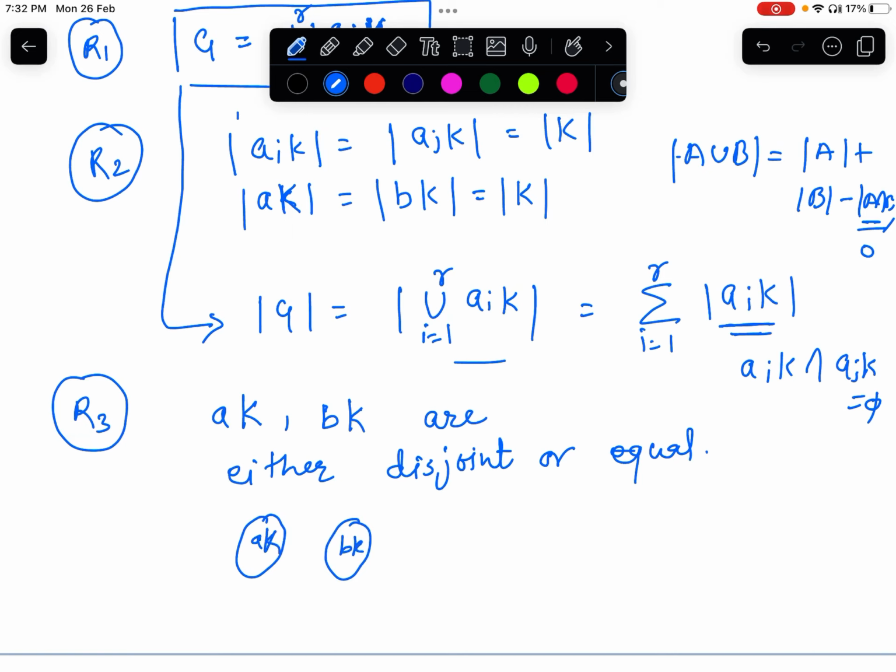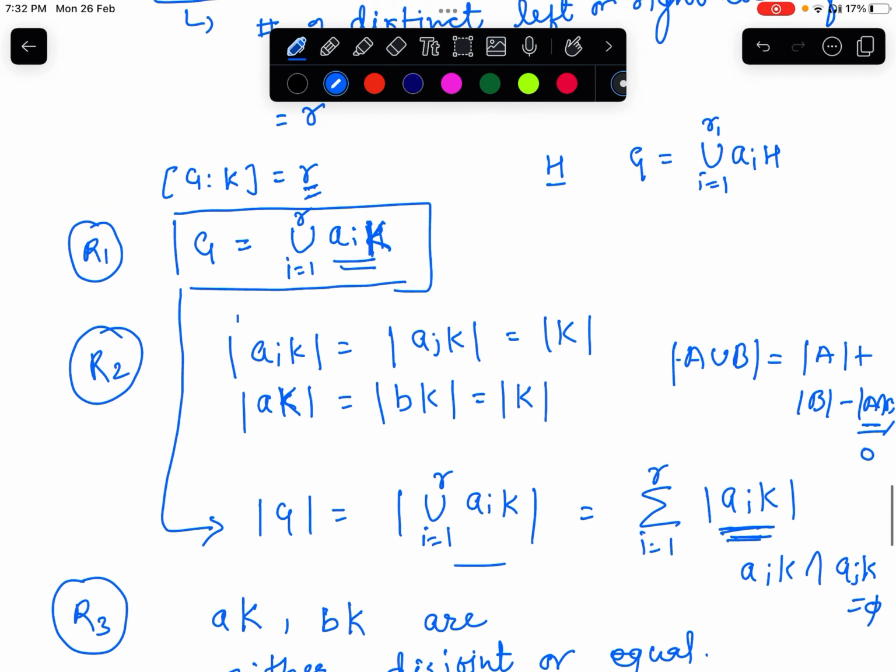These are disjoint, or if there exists a common element between AK and BK, different left cosets, then this implies that they are the same, AK is equal to BK. So there can't be any common element in disjoint or distinct left cosets.